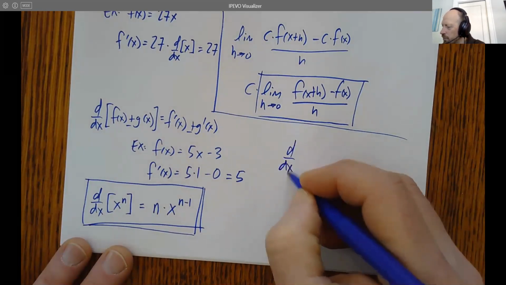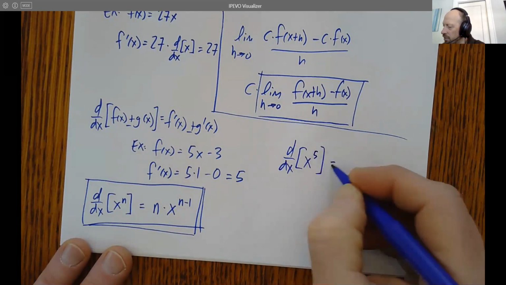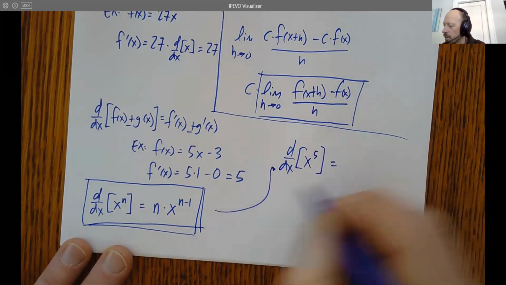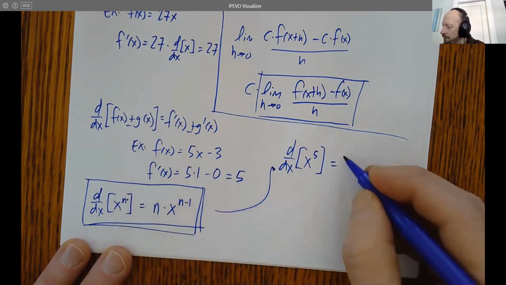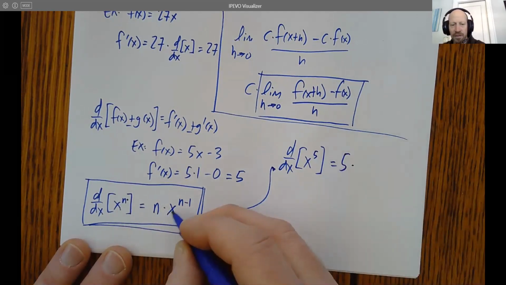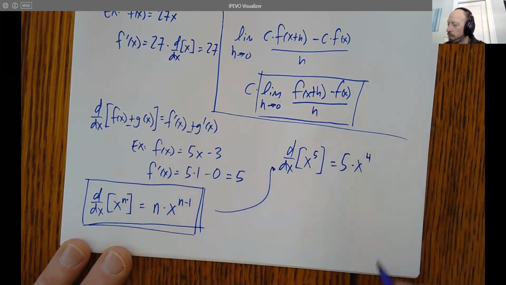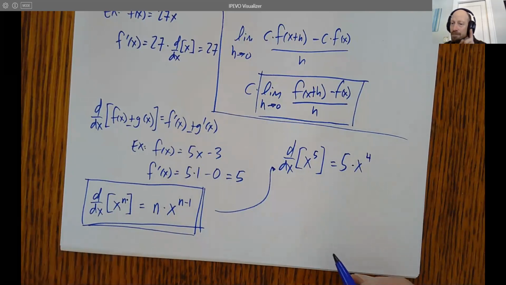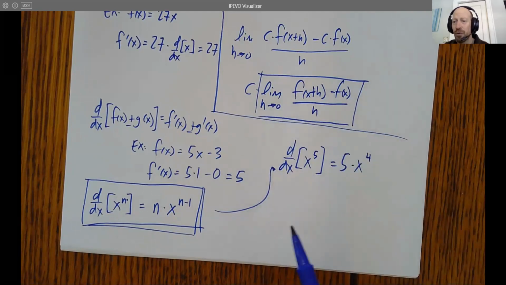The derivative with respect to x of x to the 5th. This rule says the derivative of x to the 5th is going to be 5 times x to the 5 minus 1, which is of course 4. And that was fast, right? Especially compared to working through this whole limit.